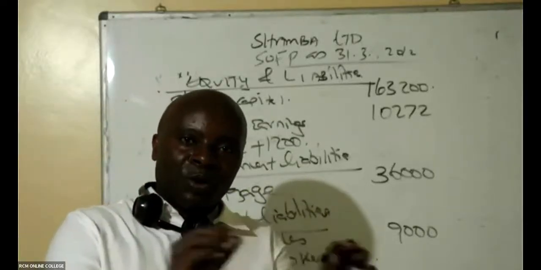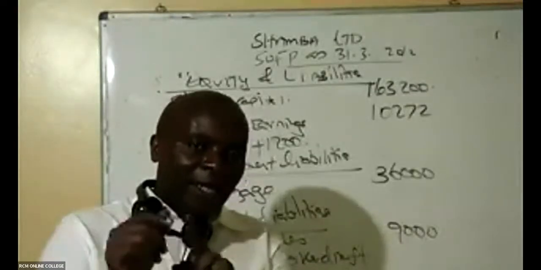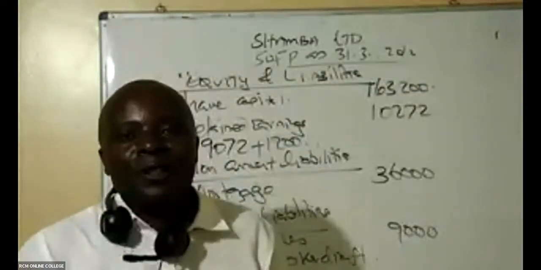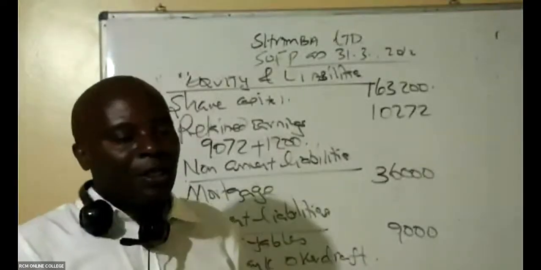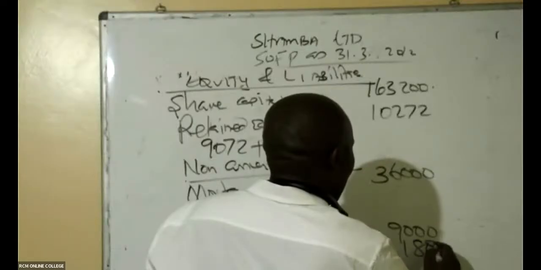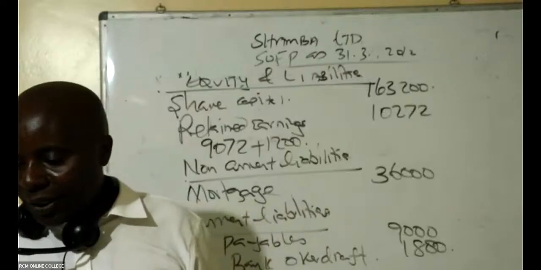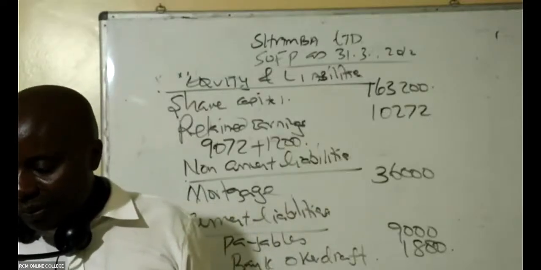An asset is supposed to be on debit. But whenever the bank balance is on credit, that's an overdraft. So we have a bank overdraft of 1,800.